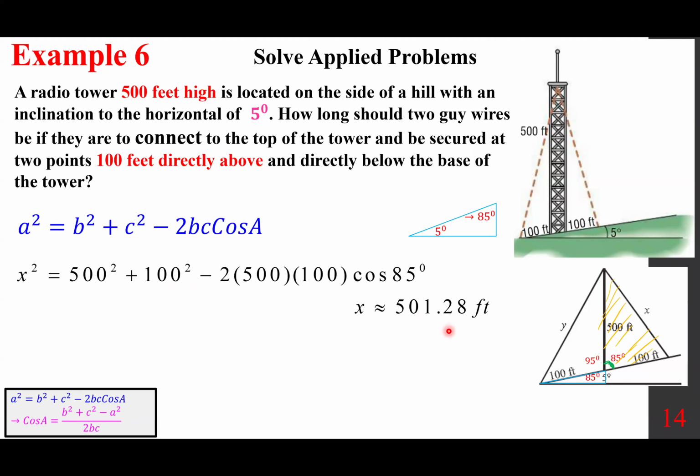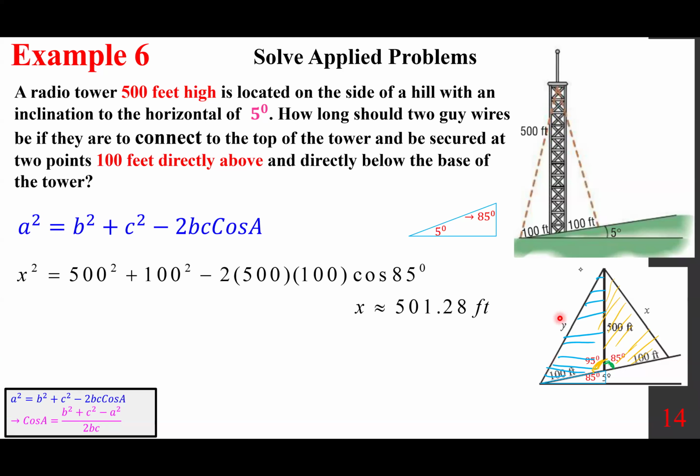We do exactly the same thing for the other one, everybody. Let me use a different color now. Let me use the blue one. So this one, everybody, we have this side 100 feet, this side 500 feet. The included angle, and let me use a different color for that as well. The included angle here, 95 degrees.